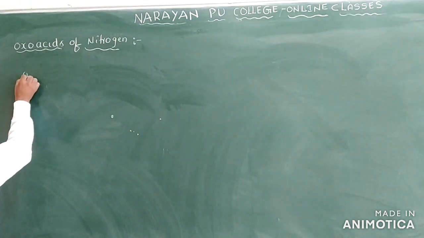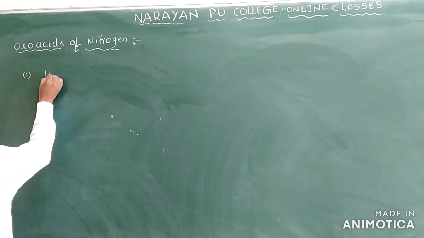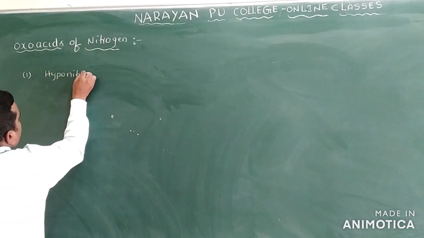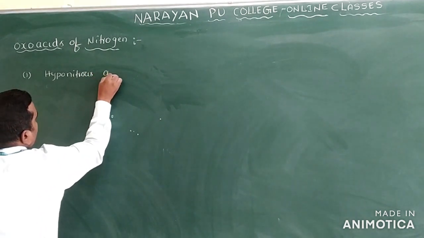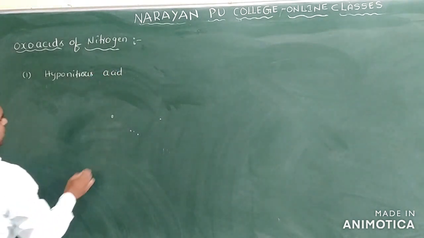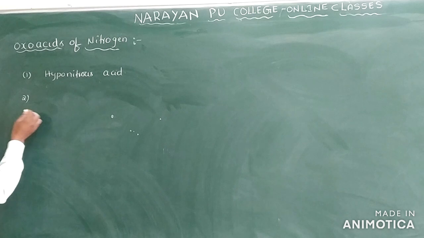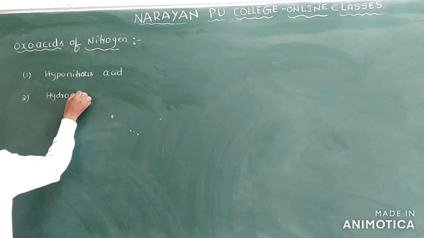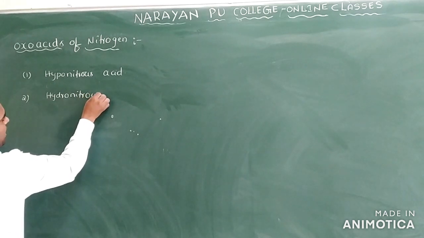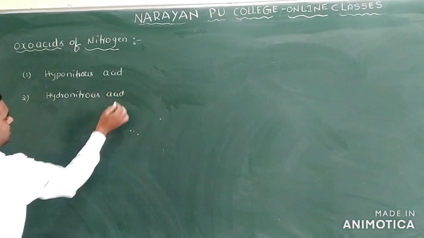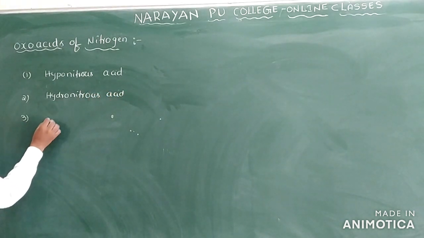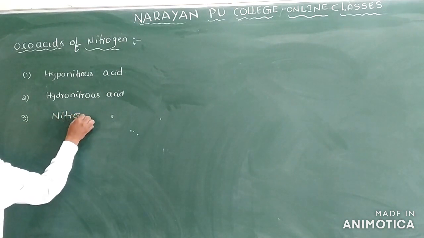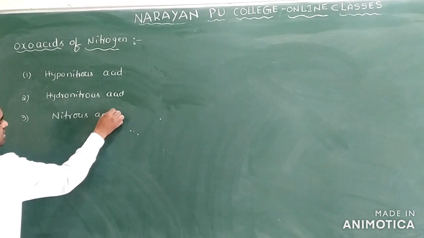The first one is hyponitrous acid. The second one is hydronitrous acid. The third one is nitrous acid. We have just discussed HNO2.